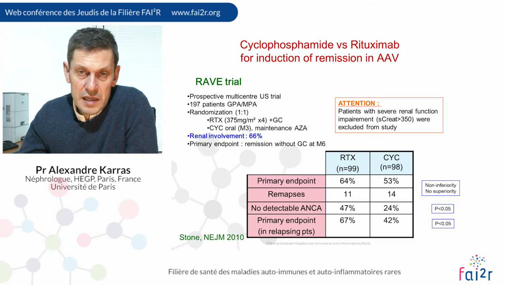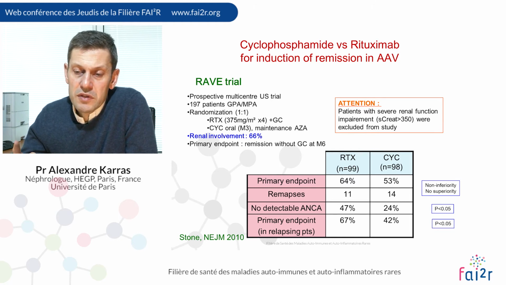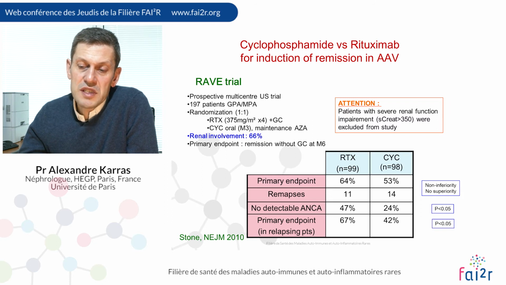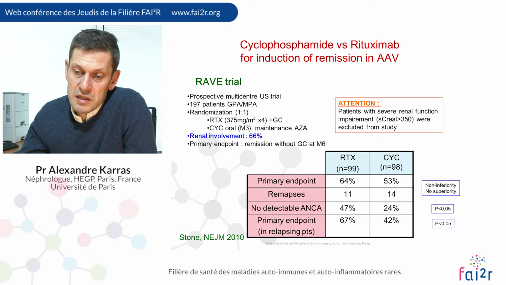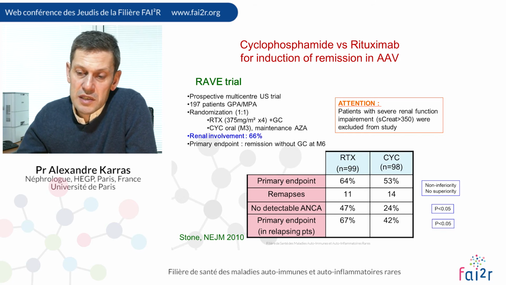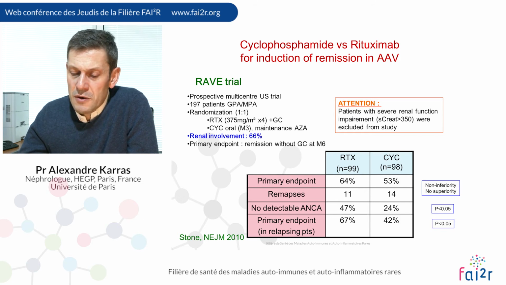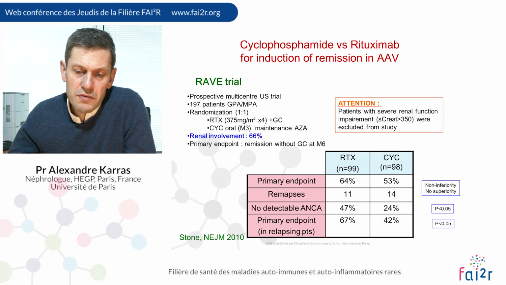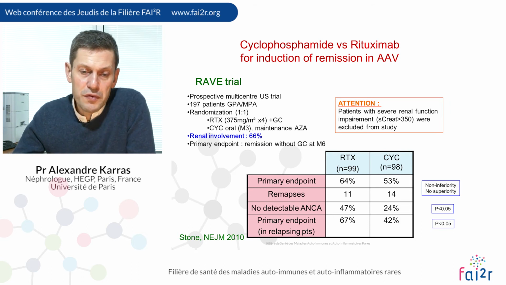Nevertheless, in this study, we have to be careful because no patient with severe renal dysfunction was included. All patients with more than 350 micromoles of creatinine were excluded from the study. So we can say that for the moment we have no proof that rituximab can be used instead of cyclophosphamide in patients with severe renal involvement at the beginning.